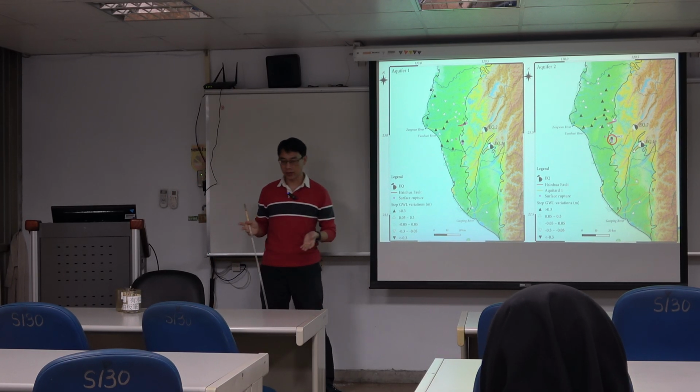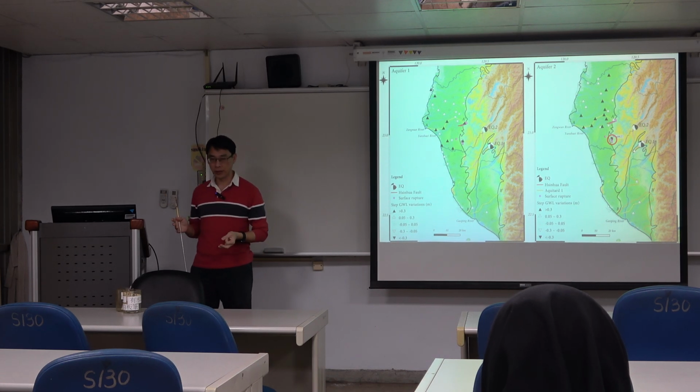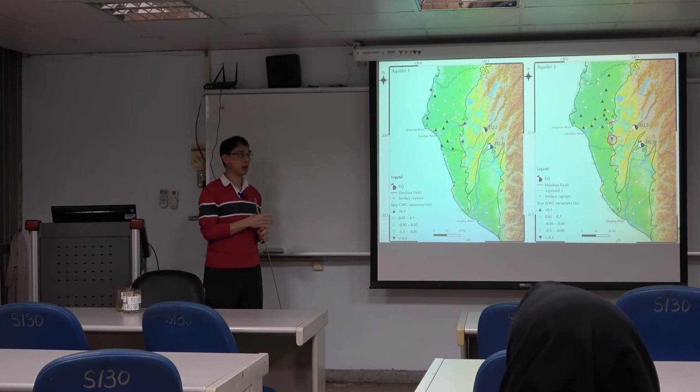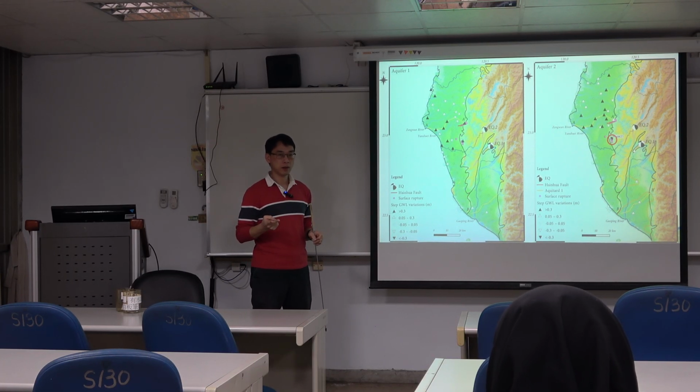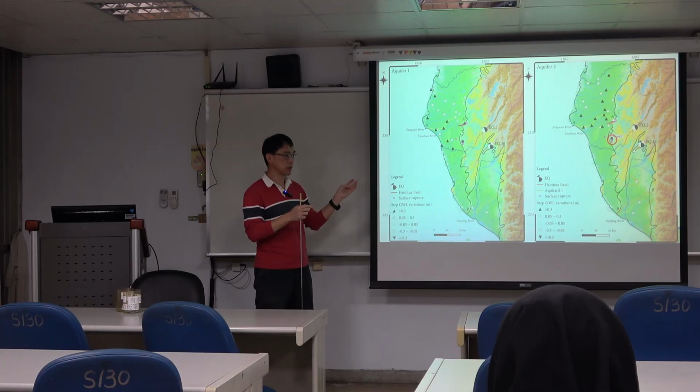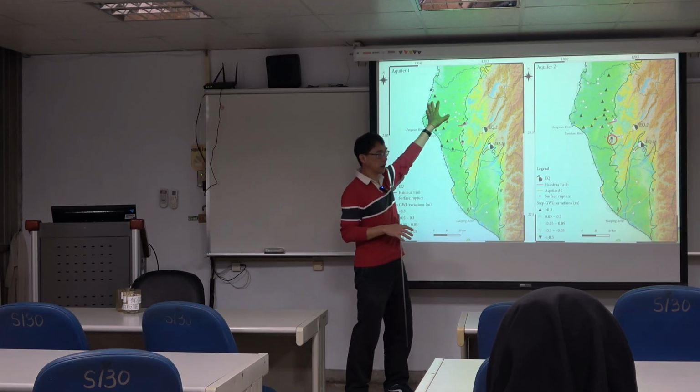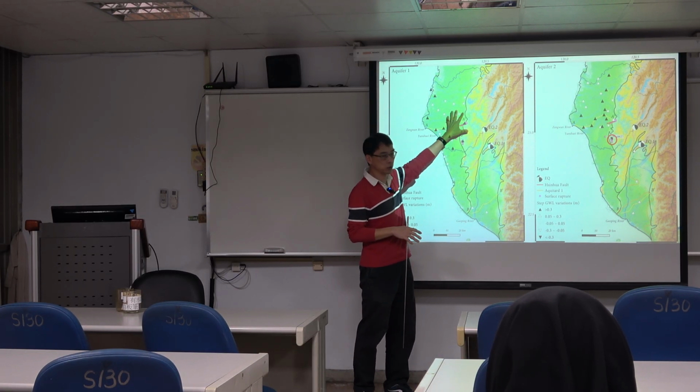But another way is that we know the response could have two kinds of components. One is the driving force, and the second is the intrinsic properties. How we see the response is the result. When the driving force is larger in this area, we can imagine this one will have a larger response.